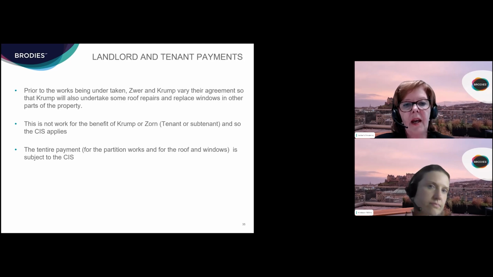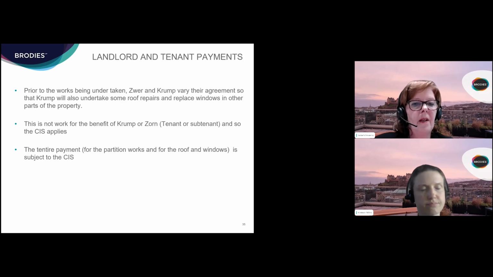So you can see how if this sort of thing is tacked on to an existing arrangement, it can bring the whole thing back into the CIS. I mean, obviously, this could be worked around because you could split it into two different contractual arrangements so that you could get the landlord-tenant exemption on part of it.